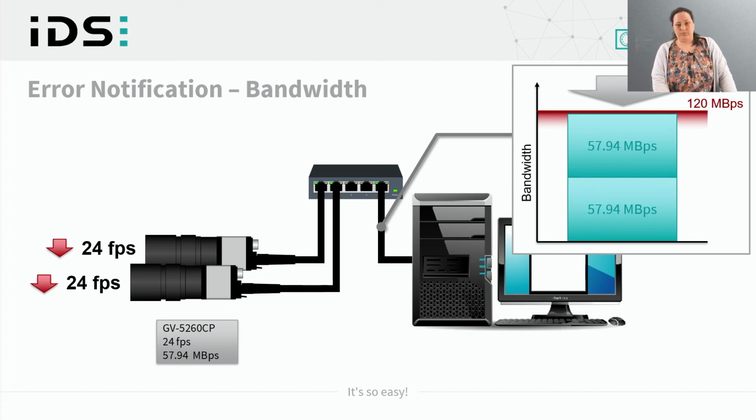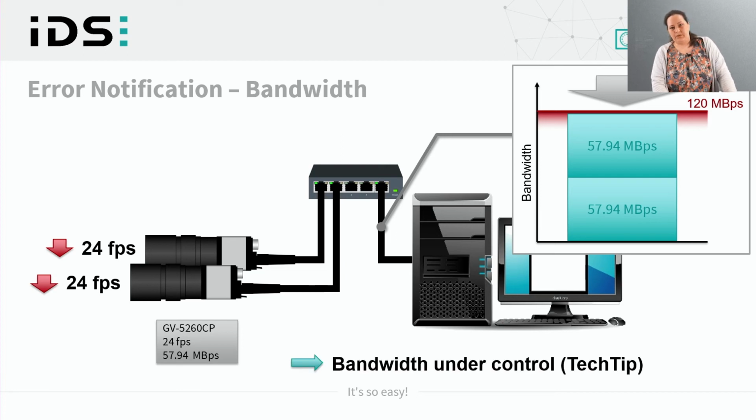Other possibilities would be to reduce the region of interest, use binning, or other things that decrease the data that has to be transferred. In this case, it's just dropping the frame rate down to 24 frames per second, and you're okay with the bandwidth. If you're interested in this topic, we have a very nice tech tip on our website, Bandwidth Under Control, and please refer to that document.